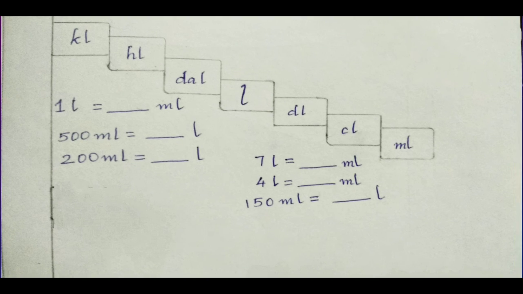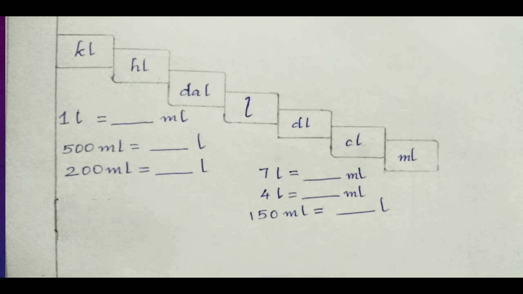Similarly, 150 ml is equal to dash liter. Write 150 here. We have to move 3 steps. So you have to move decimal point 3 places to the left. So start here. Move 1 time, 2 times, 3 times.